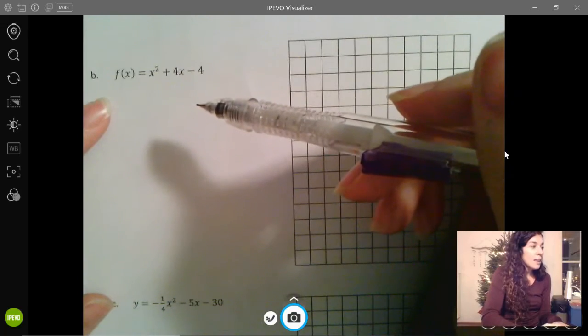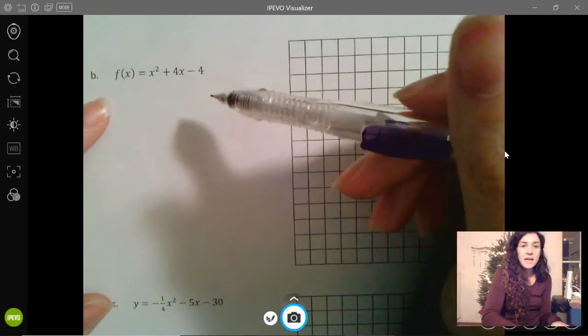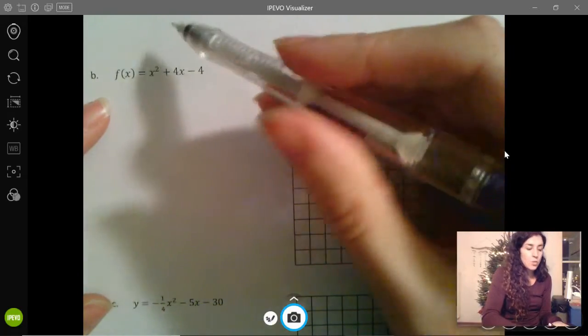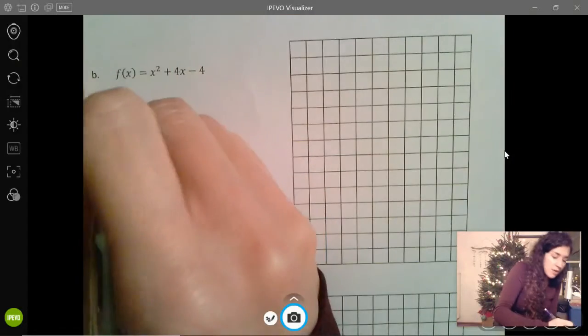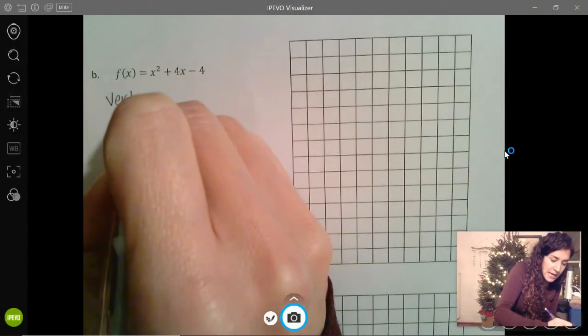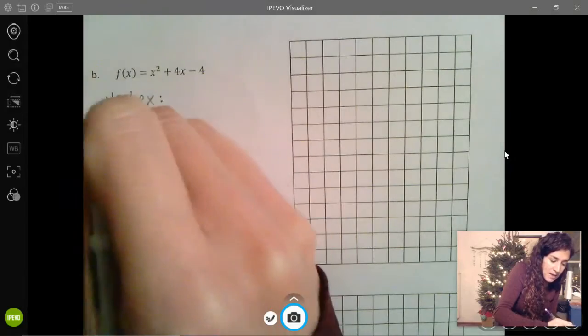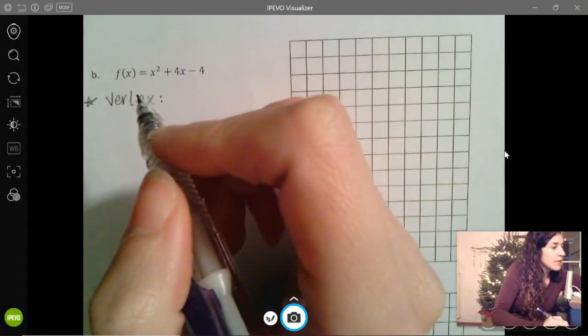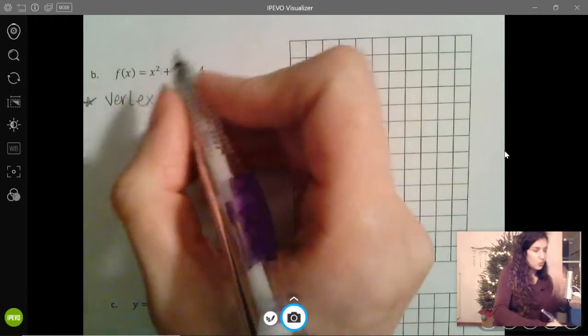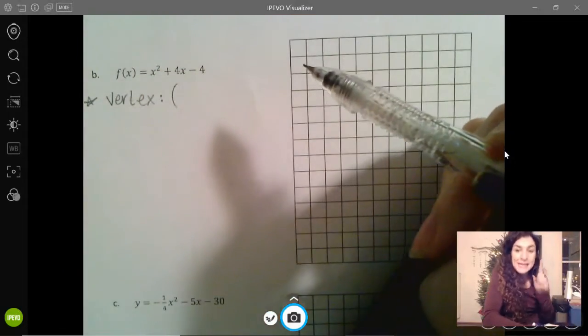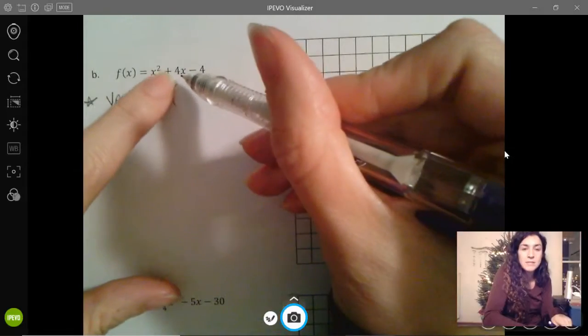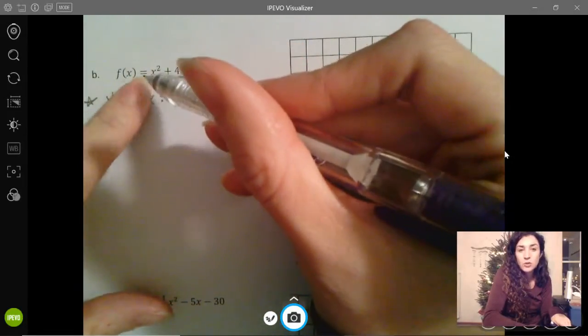So looking at this guy, we want to know what our vertex is. I want you to go ahead and take a stab at finding out what that vertex is on your own. We know that our vertex is going to be -b over 2a. So that's going to be -4 over 2 times 1.